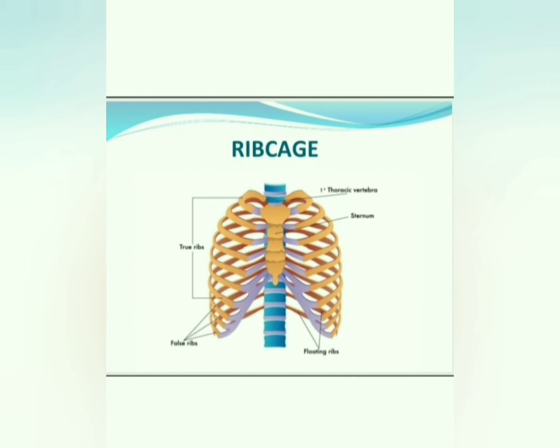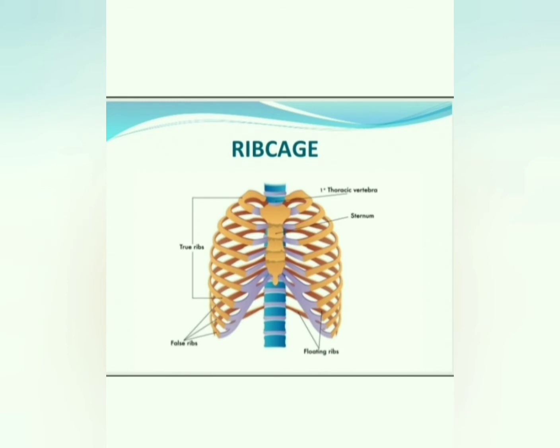Rib cage. What is the use of the rib cage? The rib cage protects some important organs like the lungs and heart. The cage which is made by ribs we call the rib cage. The rib cage contains a total of 24 ribs.